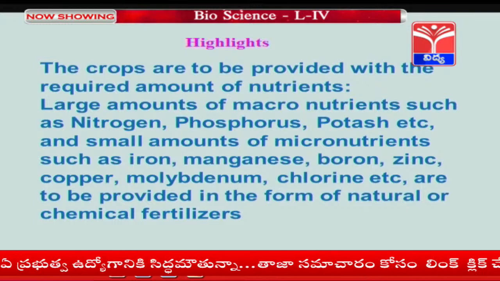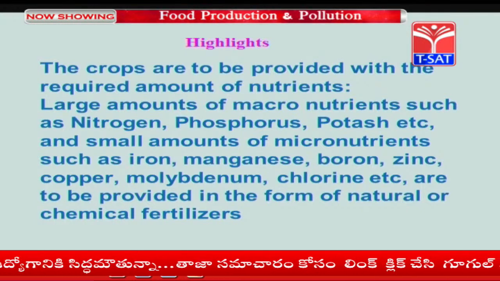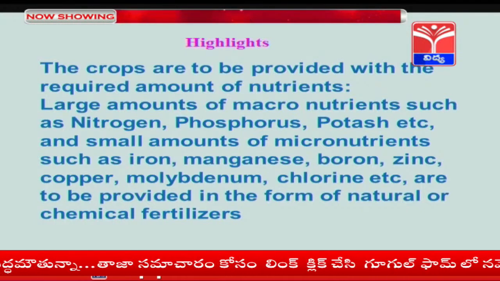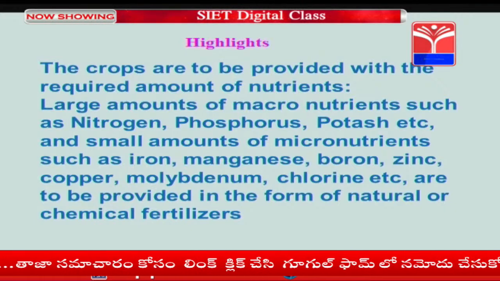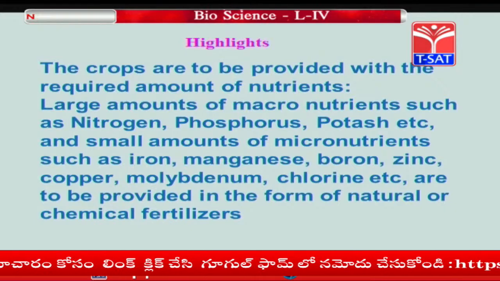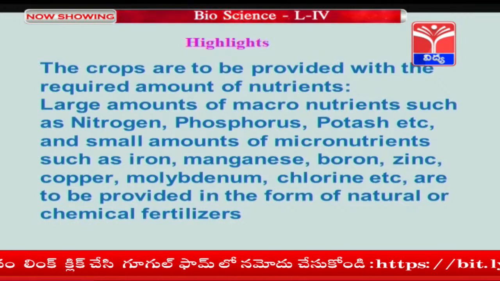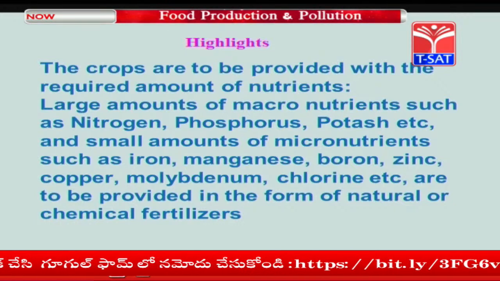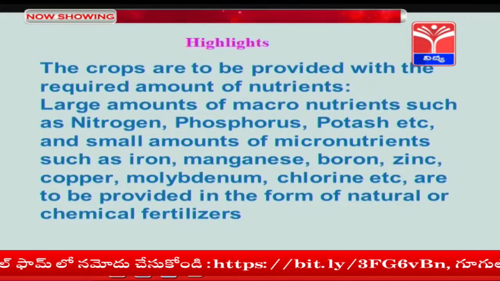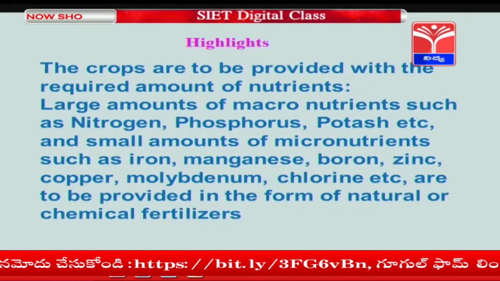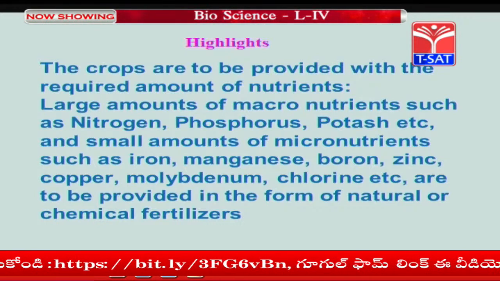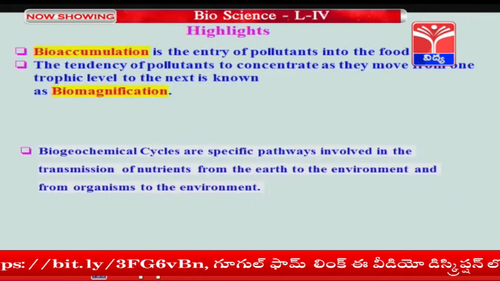The crops are to be provided with the required amount of nutrients. Large amounts of macronutrients such as nitrogen, phosphorus, potash, etc. and small amounts of micronutrients such as iron, manganese, boron, zinc, copper, molybdenum, chlorine, etc. are to be provided in the form of natural or chemical fertilizers.